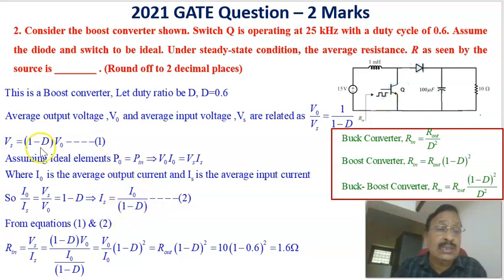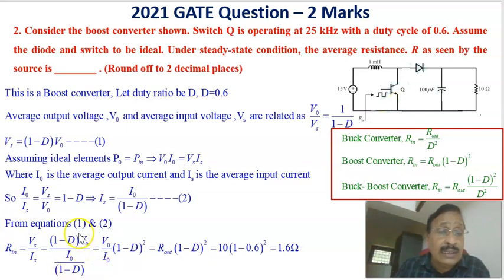So these are the two equations. Input voltage equals 1 minus d into the output voltage, and input current equals output current divided by 1 minus d. Equations 1 and 2. From these two equations, we can get Vs by Is. Dividing equation 1 by equation 2, we get the input resistance, Vs by Is, equal to 1 minus d into V0 divided by I0 into 1 minus d.